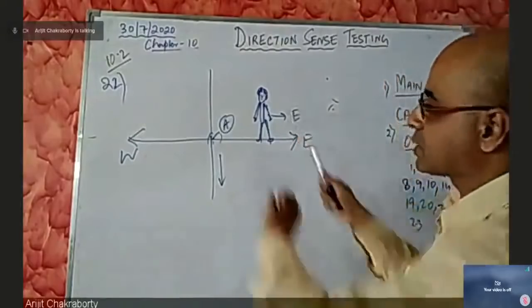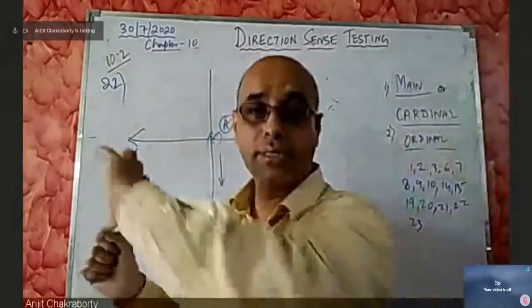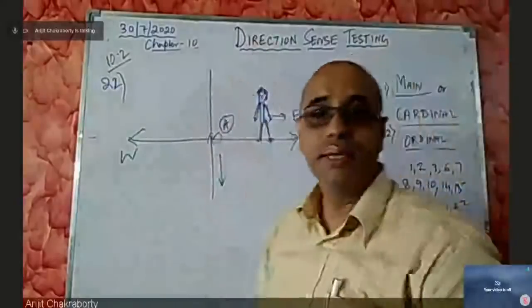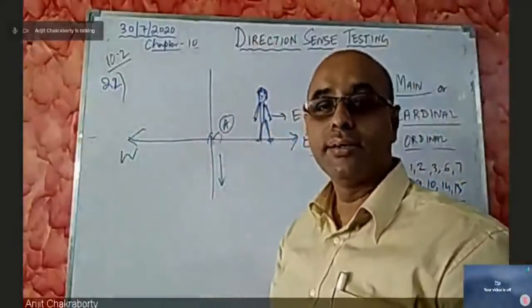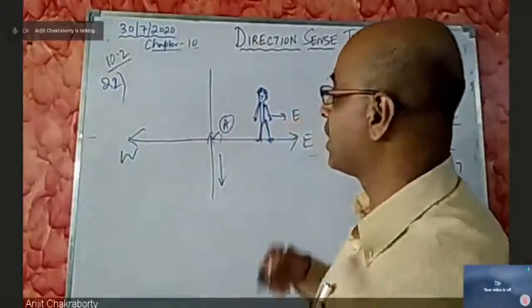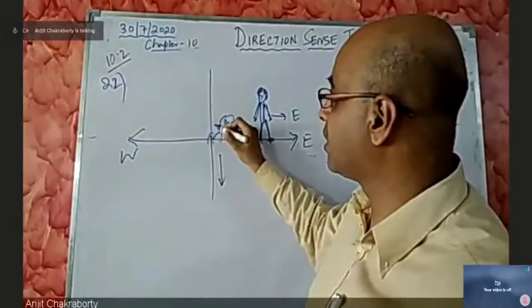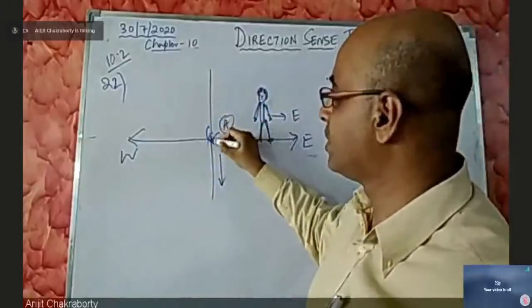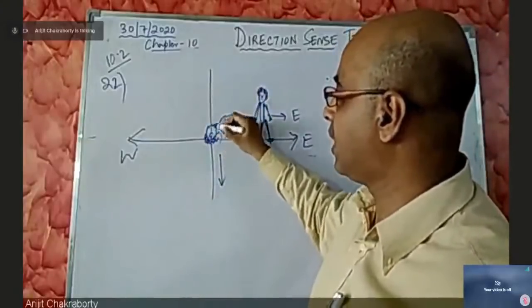But the question is when he stands on his head, right? He is now standing on his feet. Now if you invert it, if he stands on his head, then what will happen? If you invert this guy, what will happen? So his head is here.